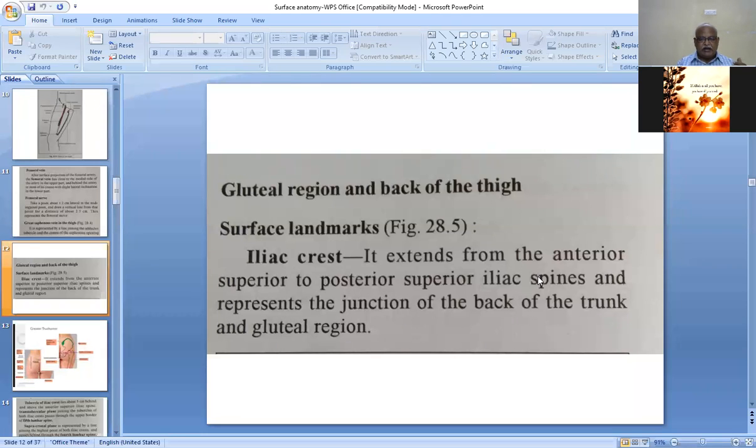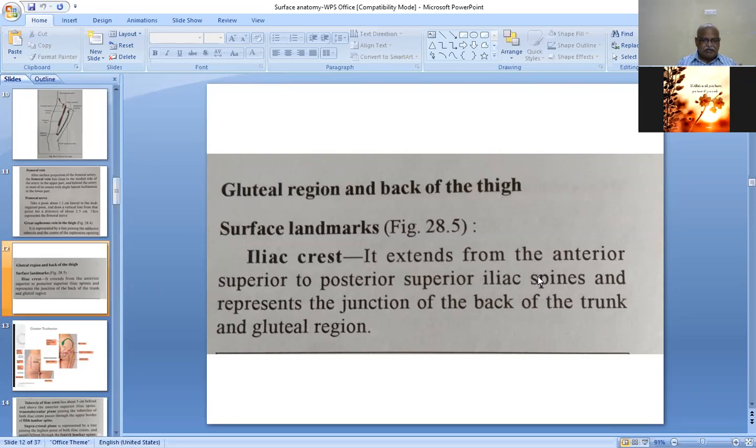You can palpate the anterior iliac crest in your own body. So, anterior superior iliac spine. Below the anterior superior iliac spine, the anterior inferior iliac spine is there. Below the posterior superior iliac spine, the posterior inferior iliac spine is there.